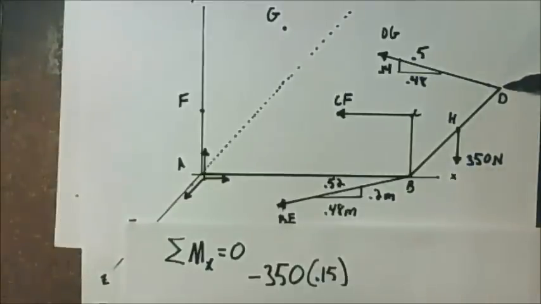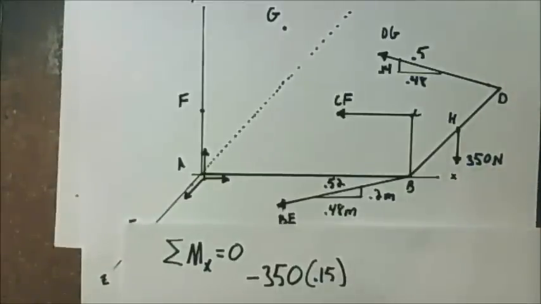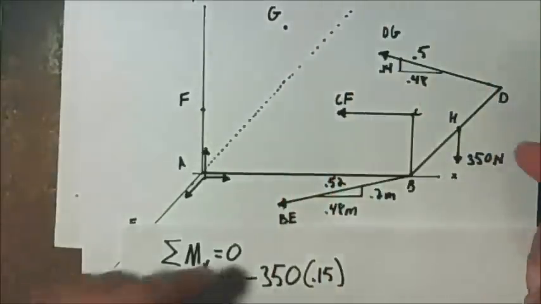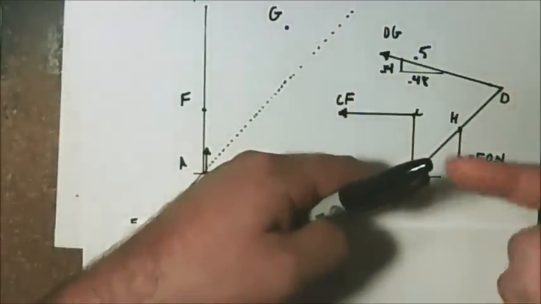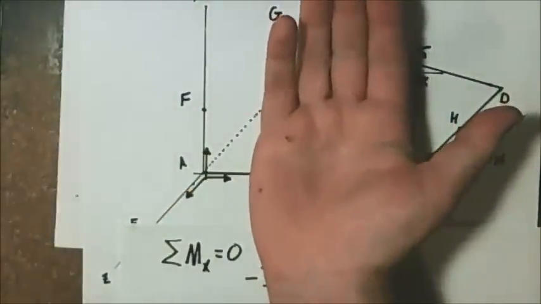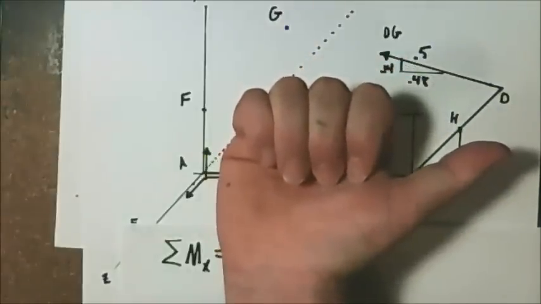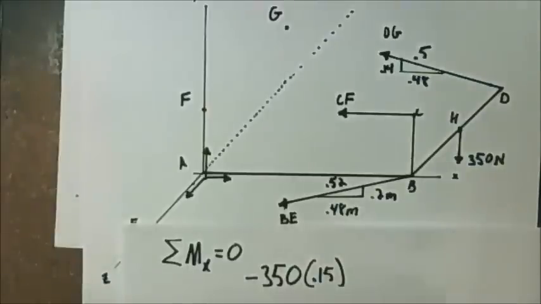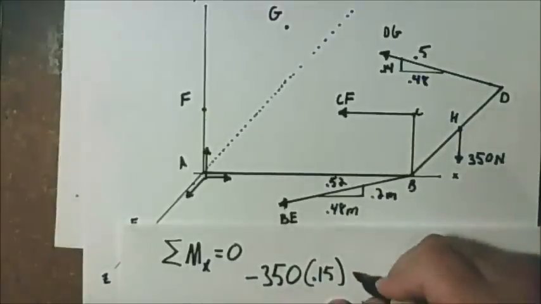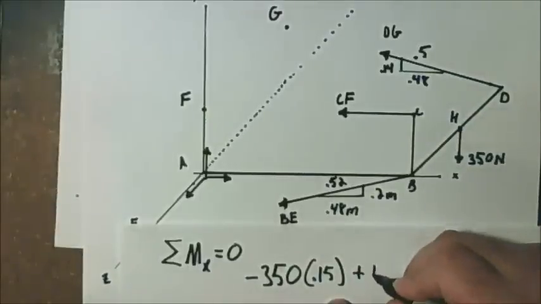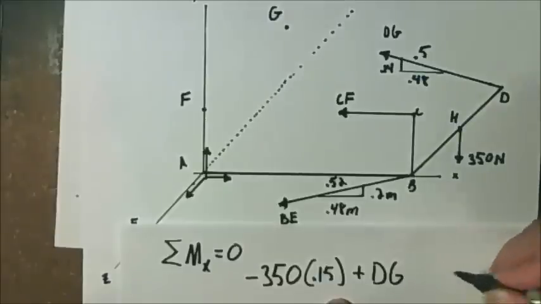Now this one is coming straight up here, and so the rotation it would create would be this direction. So we take our hand, curl the fingers like this, thumb is pointing in the positive x-axis. So I call this a positive, whatever the force of DG is.